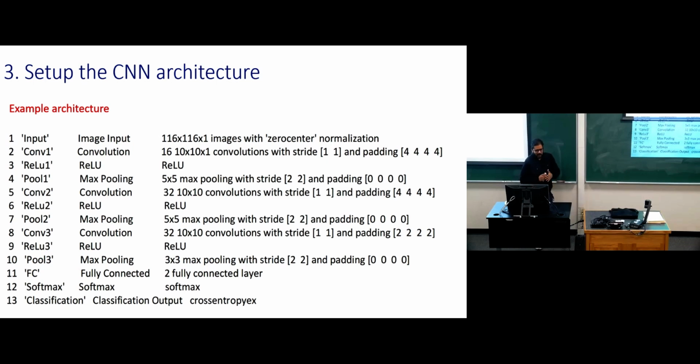So this is what I call like the benchmark CNN. Everybody, regardless of whether you are using Matlab or not, if you use this architecture, you would have a certain performance on this data. But don't restrict yourself to just this architecture. The whole point is to try different things, try different filter sizes and whatnot.